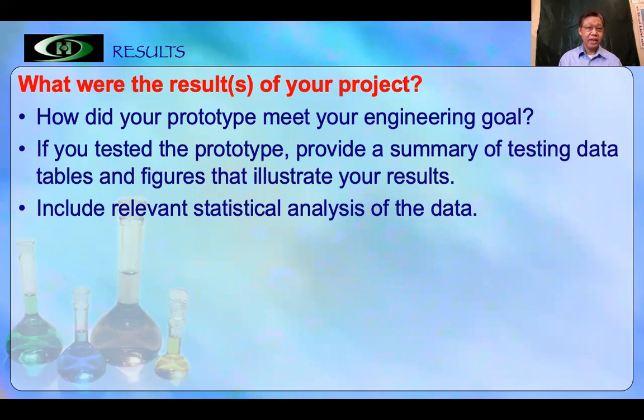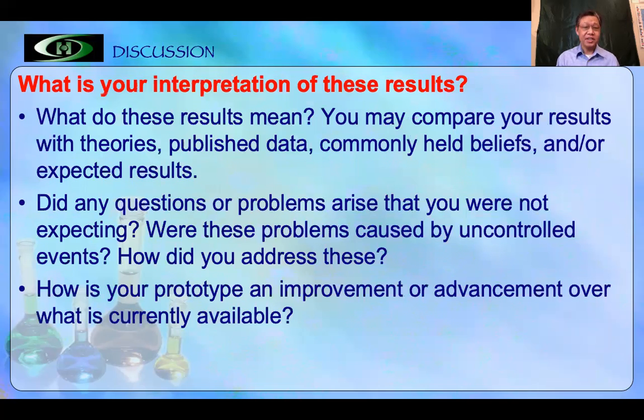That's basically your results. What data did you gather and how are you going to interpret that? That comes in the discussion. In this particular piece, the science and the engineering project don't really have much difference. You're basically just interpreting the results of the data that you've gathered from the prototype that you created.